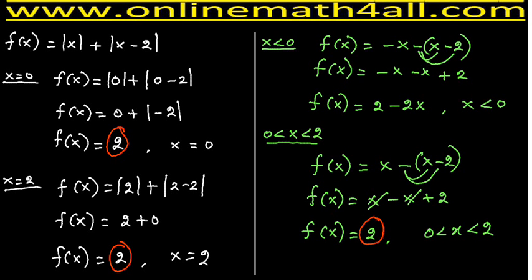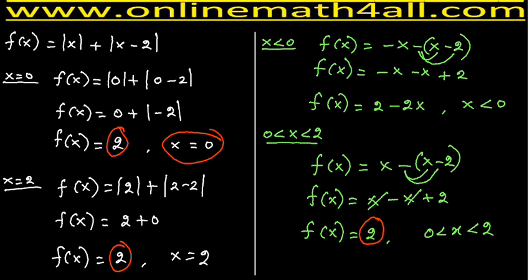So since we get the same result for these 3 conditions, we don't have to write them separately when we are writing the given absolute value function as a piecewise function. We can combine these 3 conditions into a single condition. So how is it possible? Here x is equal to 0, we get 2. For 0 less than x less than 2, we get 2.